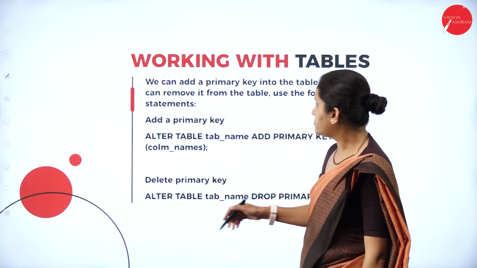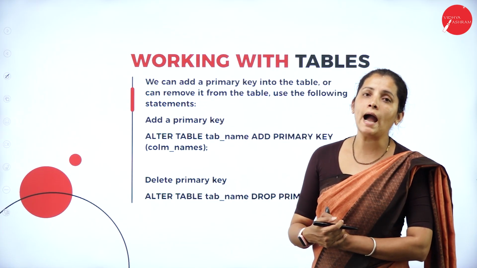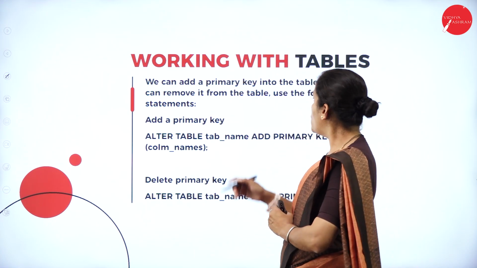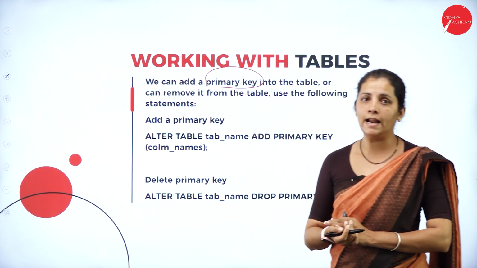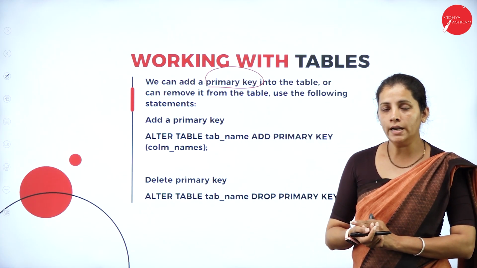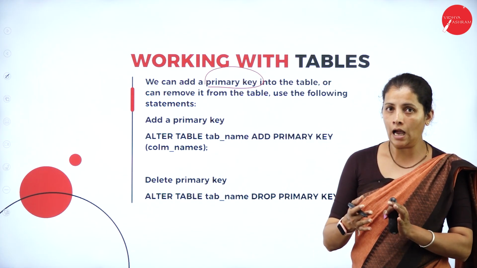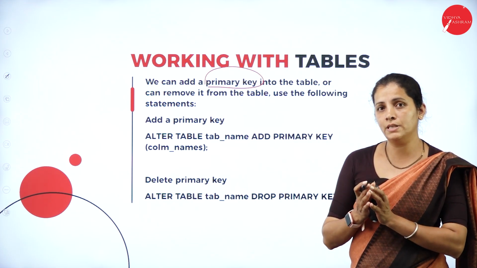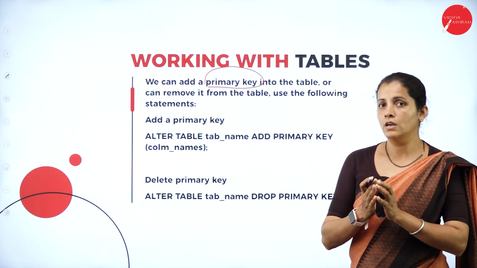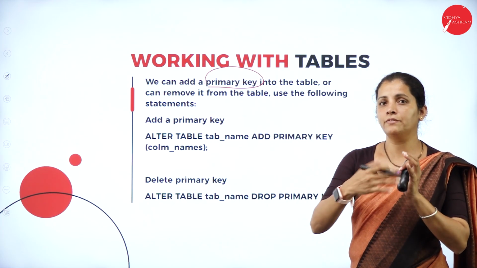Suppose I want to add a primary key. So why do I want a primary key? What does primary key stand for? Dear students, if I consider a class, for example, final year 6th semester B.C.A. students, so it is third year, that's nothing but the final year.